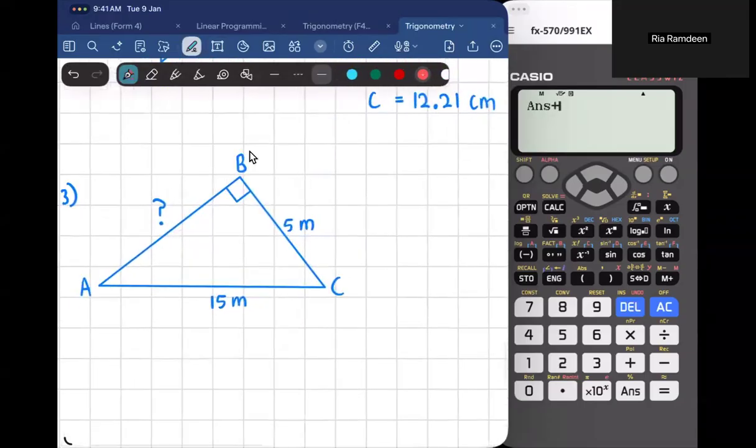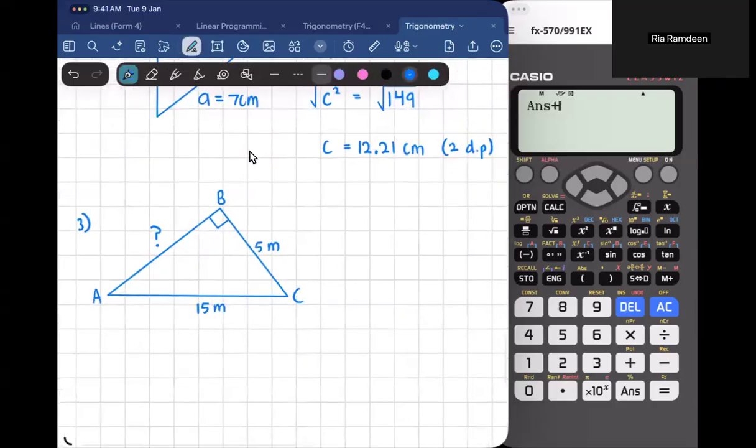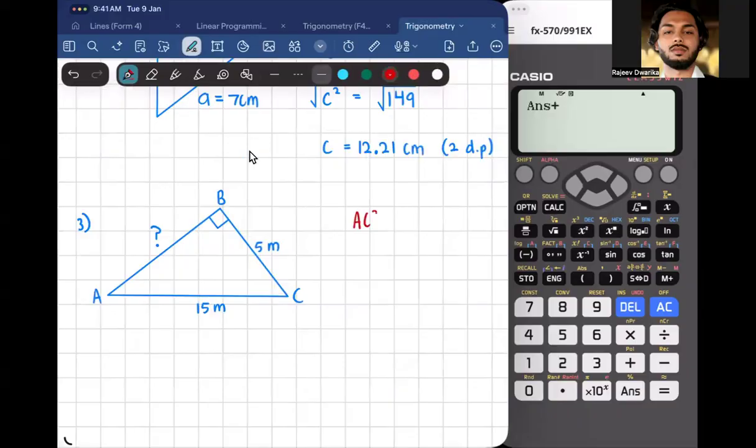The longest side squared equals the other two sides squared added together. What was the longest side here? It's the 15 meters. So we're going to say AC squared, and AC squared is going to be equal to what?